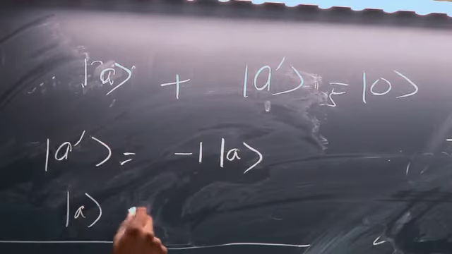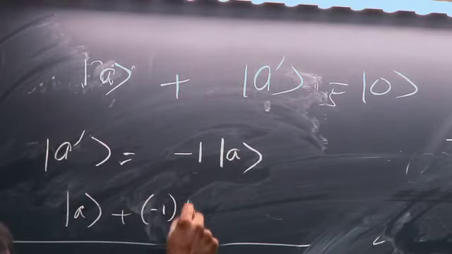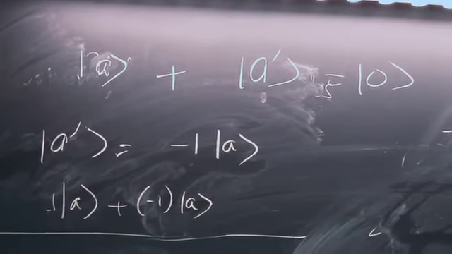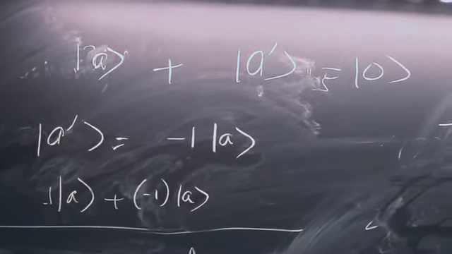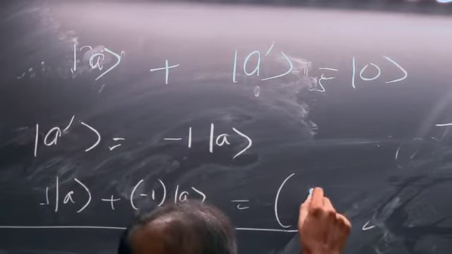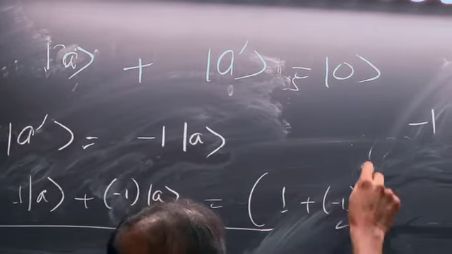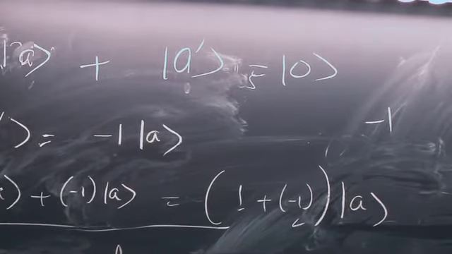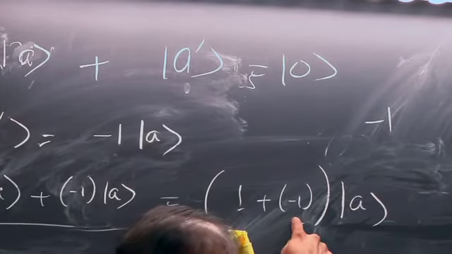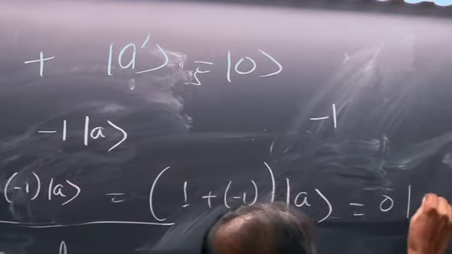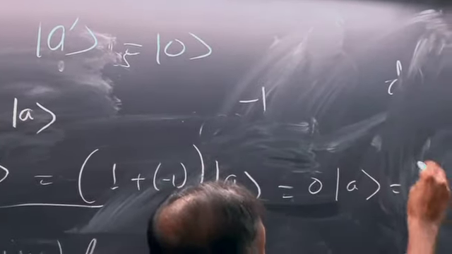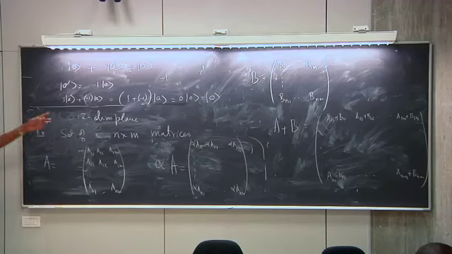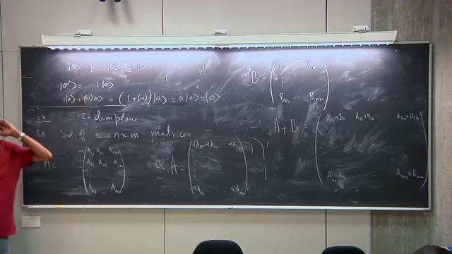Let's take A plus minus 1 times A. So this is 1 times A and that's minus 1 times A. Now use the distributive law, right? That's the same as 1 plus minus 1, whole thing times A. But 1 plus minus 1 is 0, so this is simply 0 times A. That's 0. So the inverse is nothing else but multiplying the original vector by minus 1.